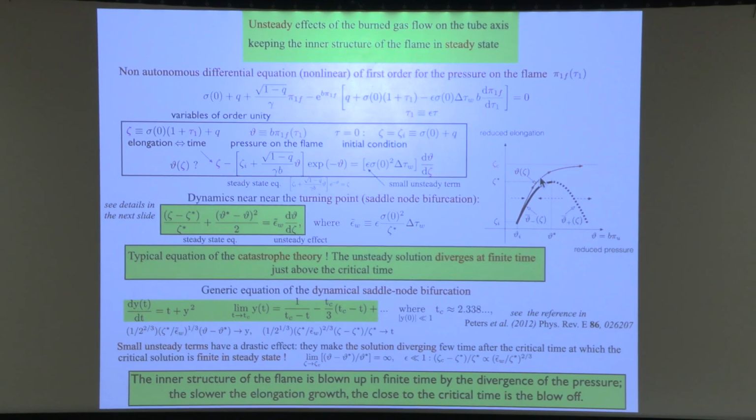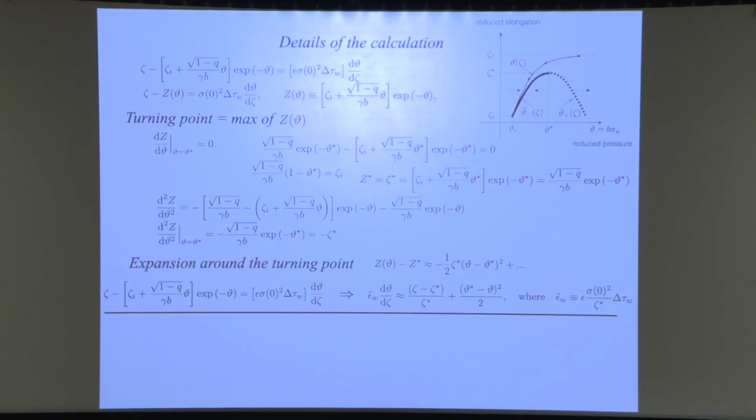This distance varies with the rate of increase of the elongation, the epsilon that I have. So I can stop here. Tomorrow I will finish this and start some other topics. Thank you for your attention.